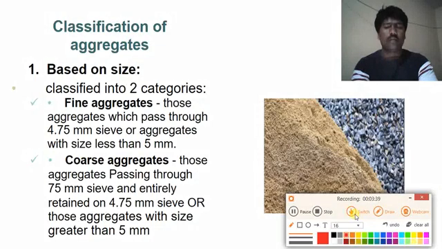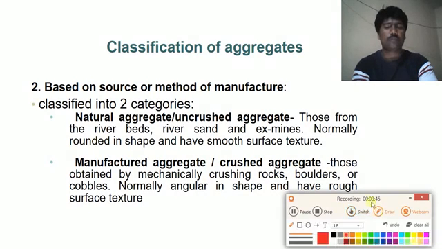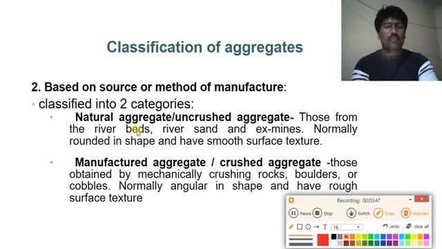The next one is the classification of aggregates based on source or method of manufacture. This is also one of the best methods for classification of an aggregate. This is again broadly classified into two categories. One is natural aggregate or uncrushed aggregate.